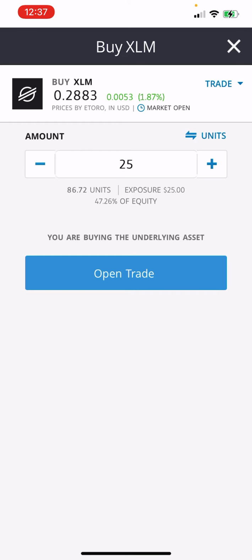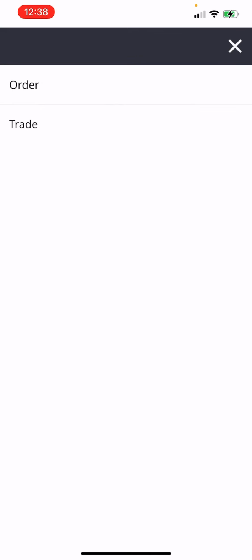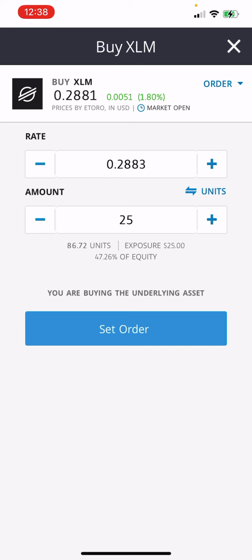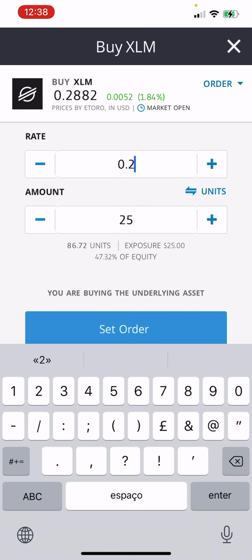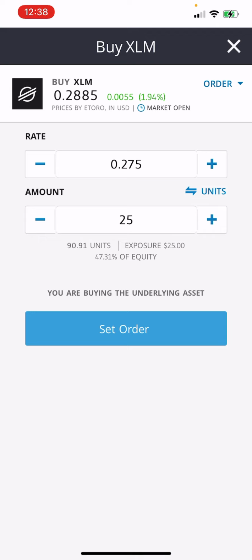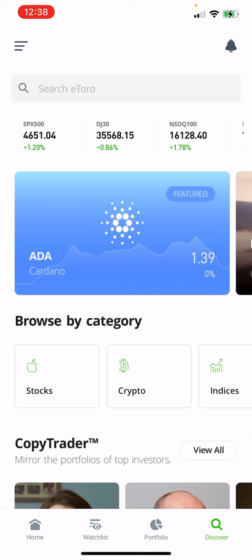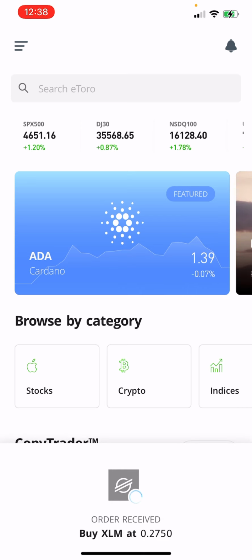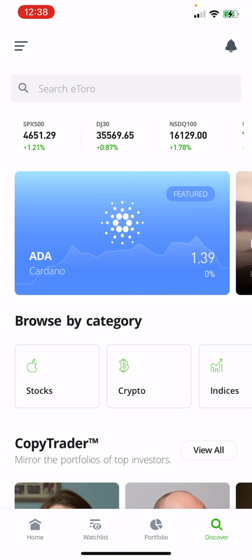So this is the dollar sign, yep. So we go order. And I said, let's put 0.275. And then we set order. And now the order has been set. So when XLM reaches this buy point, then we'll open a trade.